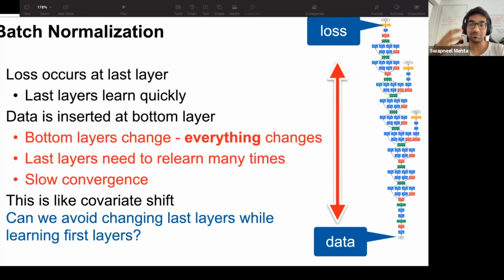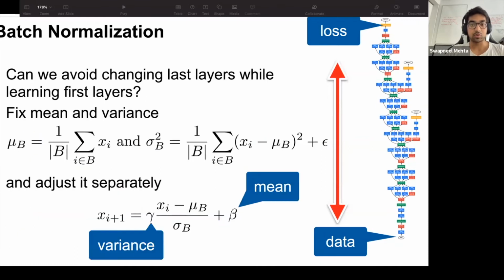So first, someone had this intuition that the last layer might be doing something very different from the first layer, and we're backpropagating everything backwards with the assumption that it has some stable pattern. So we really want to ensure that there is a pattern being preserved across all of these transformations, right? So what we do was we fix a certain mean and variance of this data, and we adjust it.